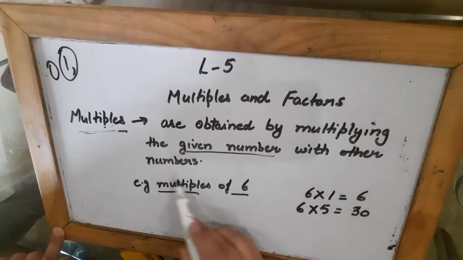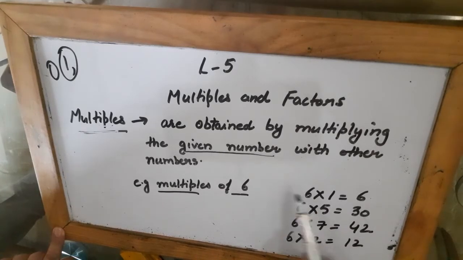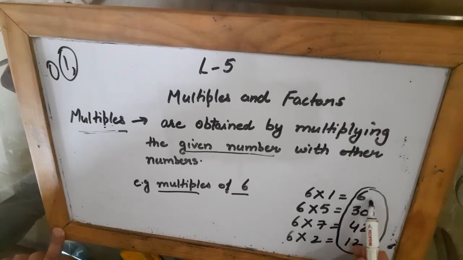If I multiply 6 with 7, I get 42. If I multiply 6 with 2, I get 12. So when I multiply the given number 6 by other numbers, I get these numbers. All these numbers, 6, 30, 42, 12, are the multiples of 6.